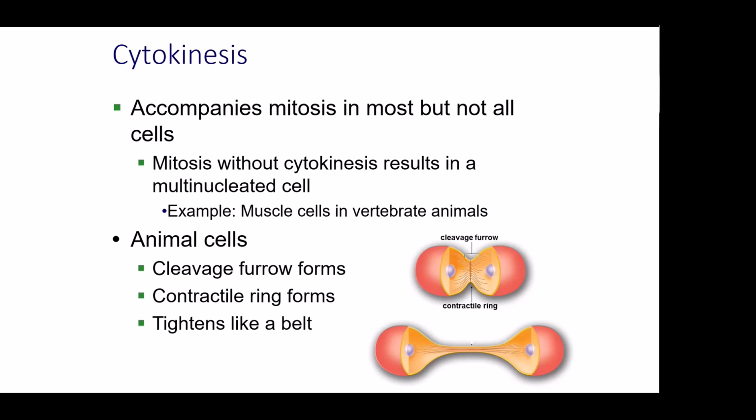There are, in fact, some weird organisms. There's some seaweed where it goes through nuclear division, but it doesn't go through cytokinesis. So you have these huge, enormous cells with dozens or hundreds or more nuclei in them.